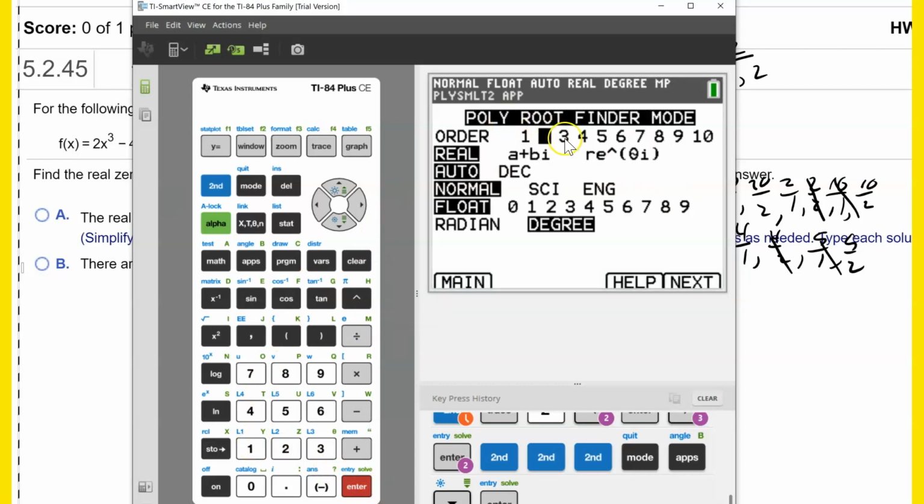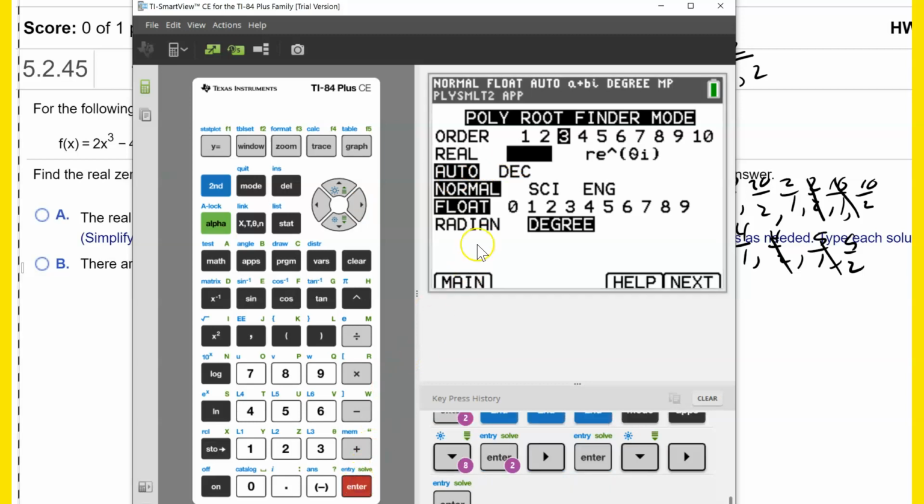The order is the highest degree in the polynomial, the highest exponent. So the degree of the polynomial. In this case, the order is 3. The degree is 3 for this one. The next line, you can have it only give you the real solutions, or you can have it give you both real and imaginary by selecting A plus BI.